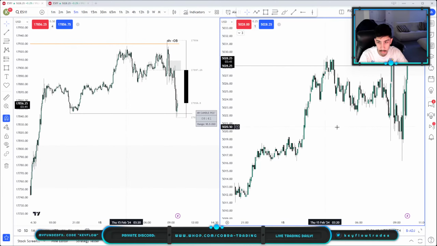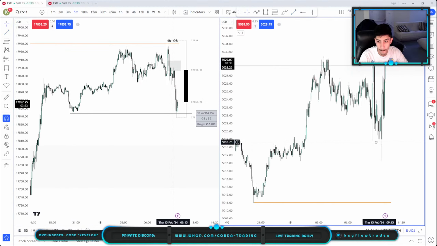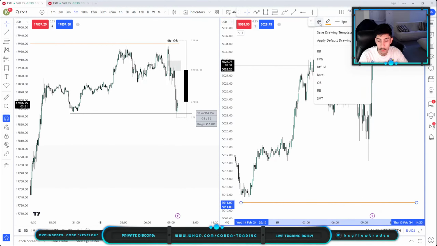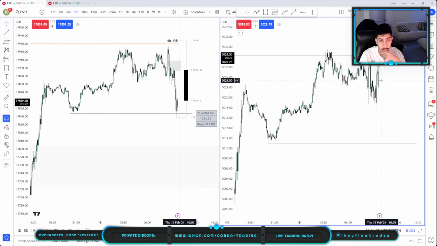So first off, SMT, with ES being the higher high here. So ES is significantly stronger. SMT there.